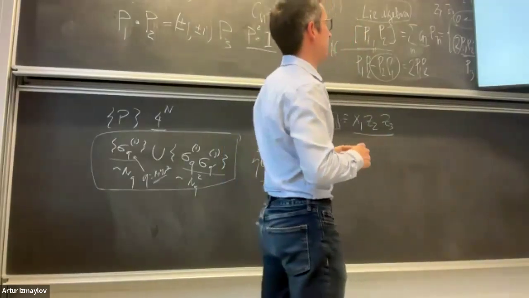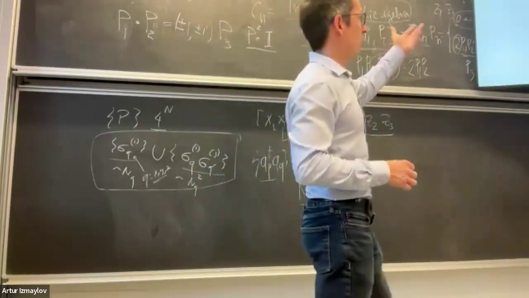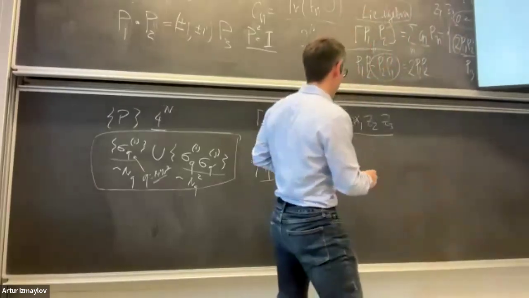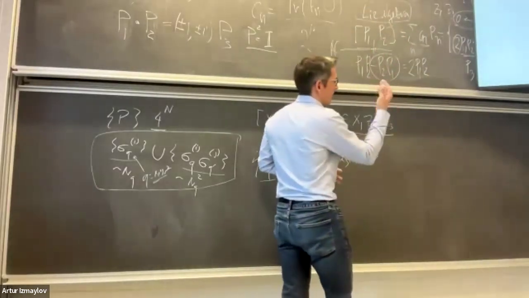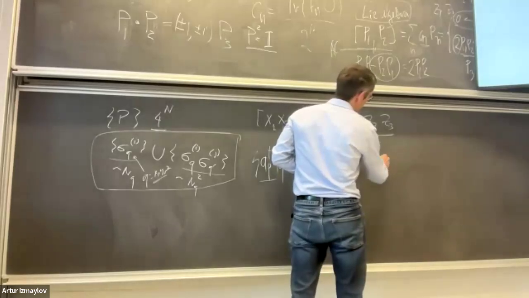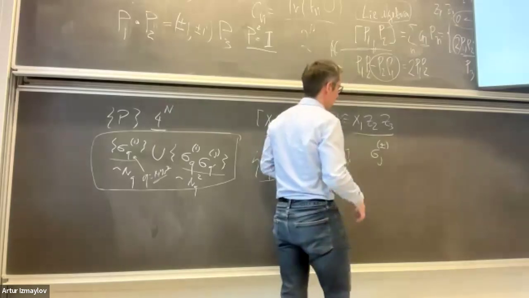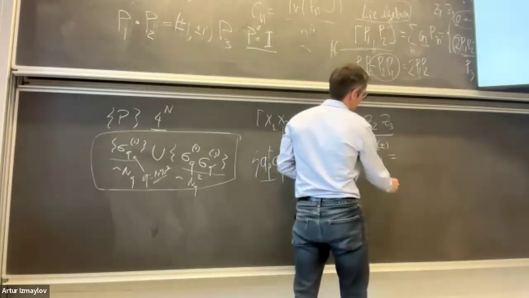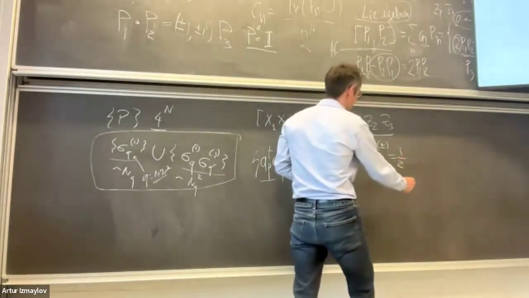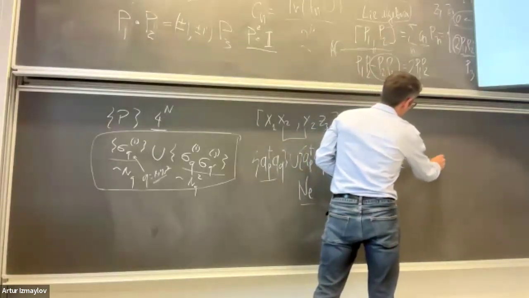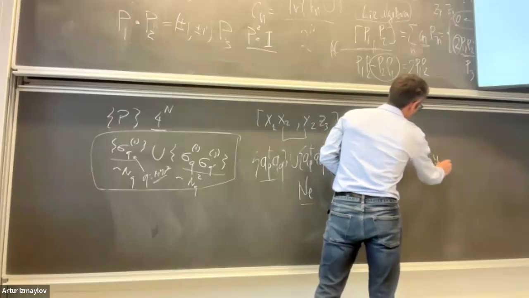And so clearly, if we want to create or annihilate an electron, that would be raising and lowering operators. Here I didn't introduce that notation, but it's something that you've probably seen in quantum mechanics courses. This is 1/2 of X_j plus or minus i Y_j, right?